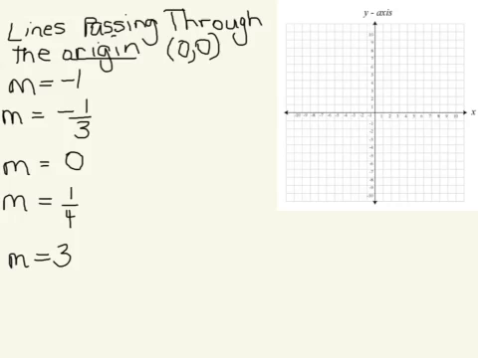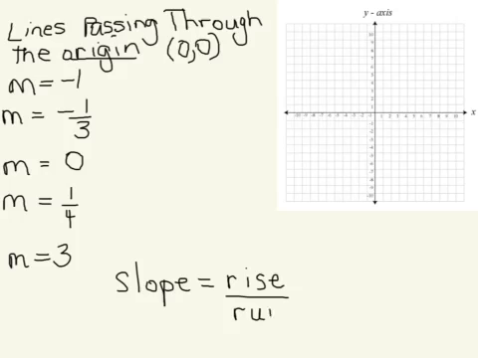So for the first line, we have a slope of -1. And when you're graphing a line using slope, you want to think of slope as a ratio that tells you how steep the line is, and that ratio is how far up you go and how far over you go, which we say rise and run.